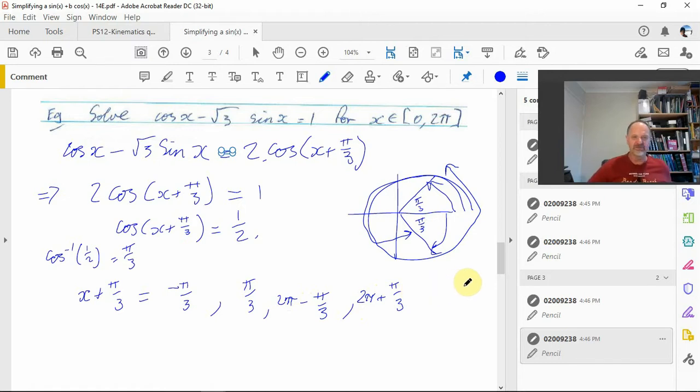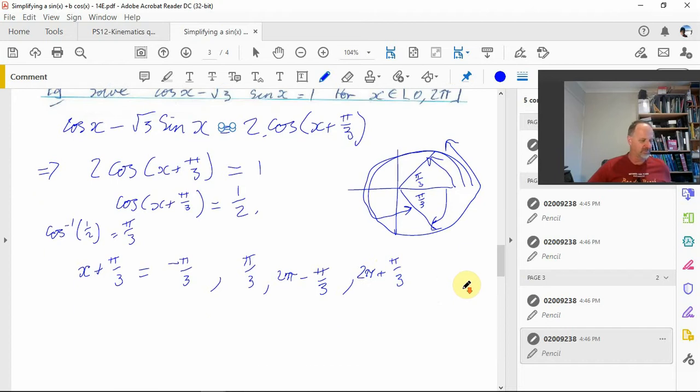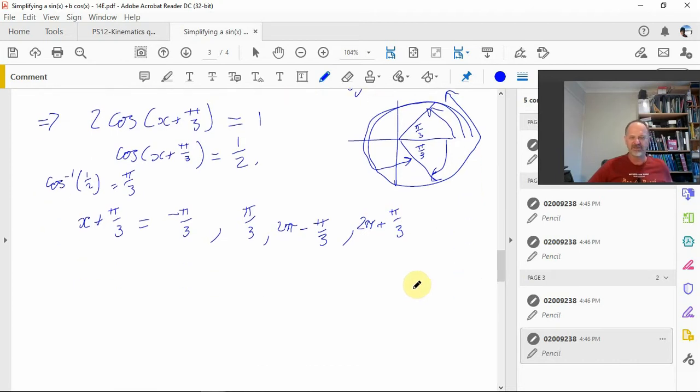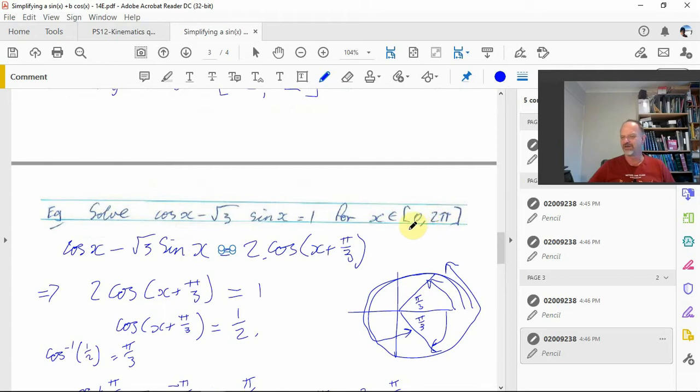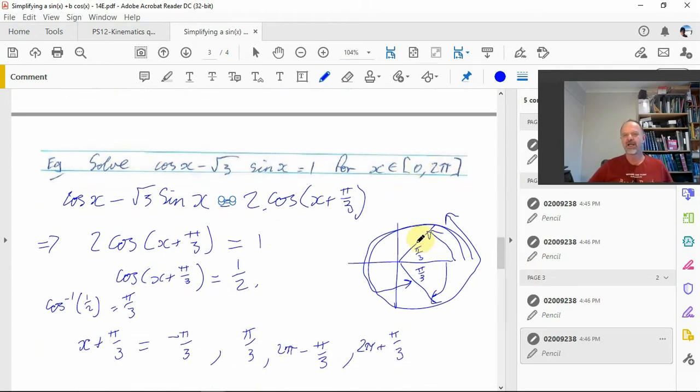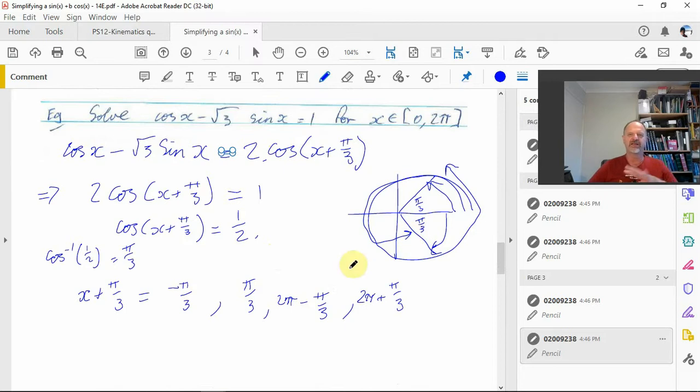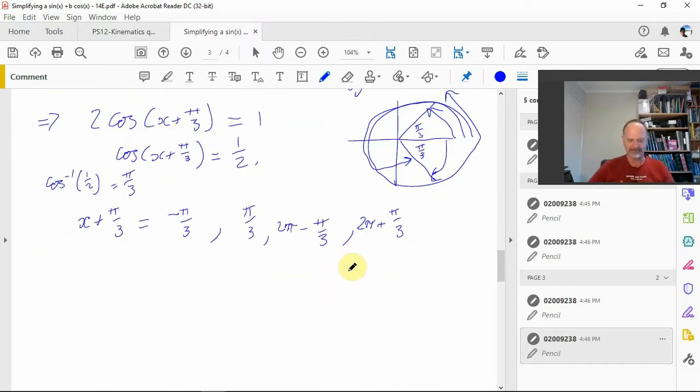And so what I've done then is I've gone a bit further than just 0 to 2 pi, right? So I've gone a bit further each way, and then I'm going to eliminate anything that doesn't fit in later.